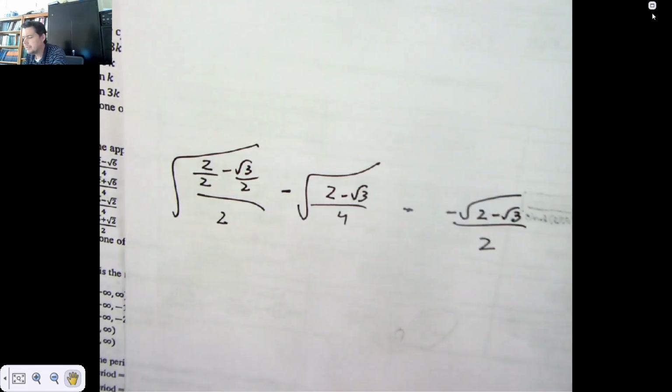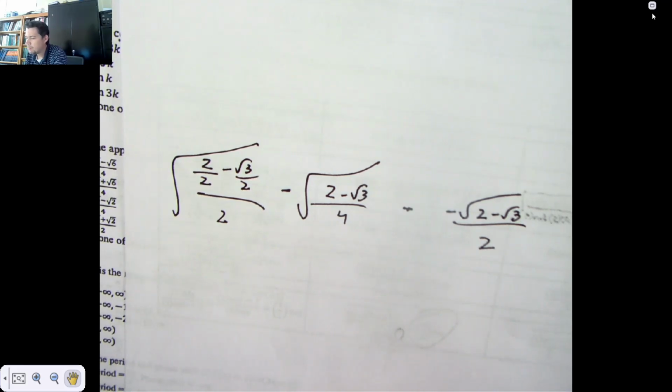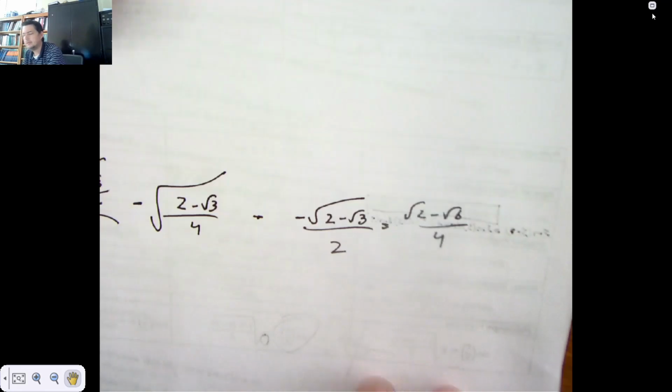Amazingly enough, this actually is choice A. Quite amazing. But that is equivalent to root 2 minus root 6 over 4.